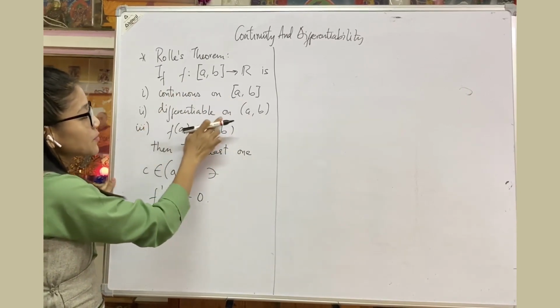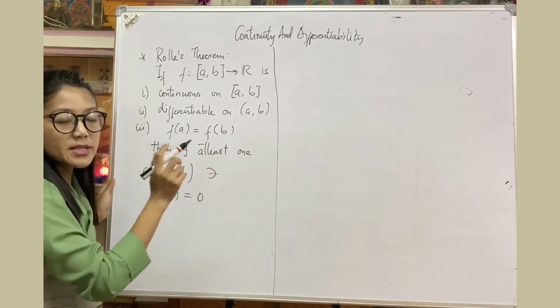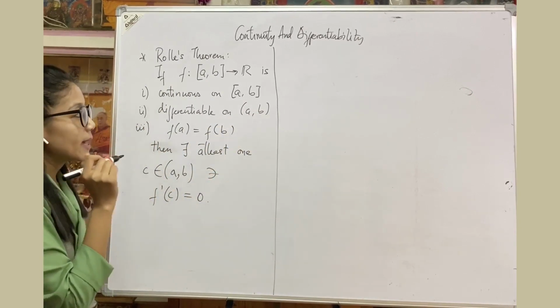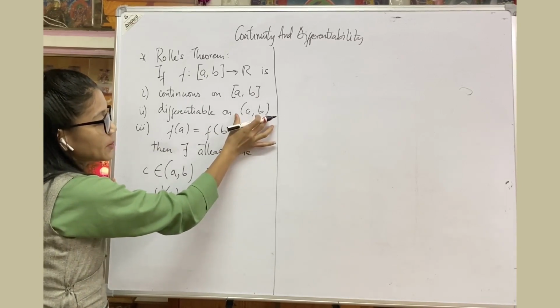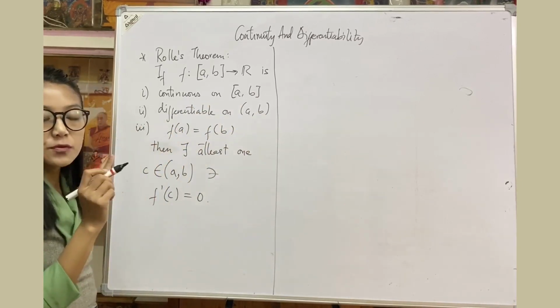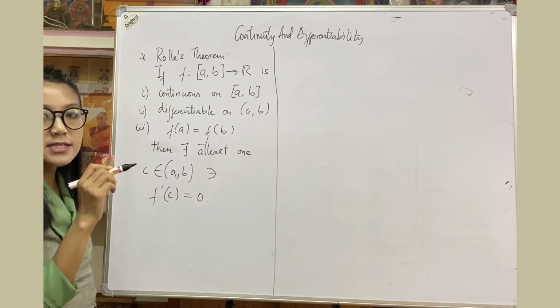The function is differentiable on open interval a b. Differentiable means that at each point within the open interval a b, a function is said to be differentiable if at that point there exists a unique tangent.